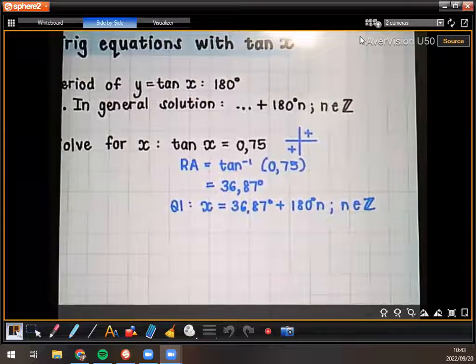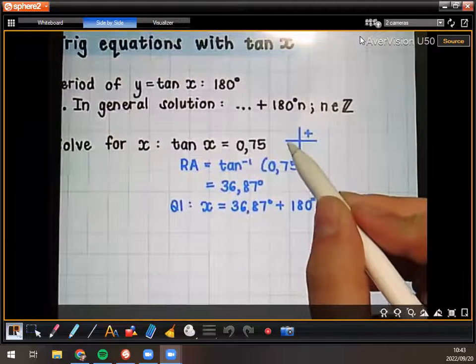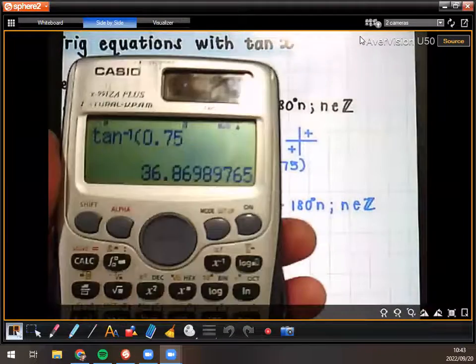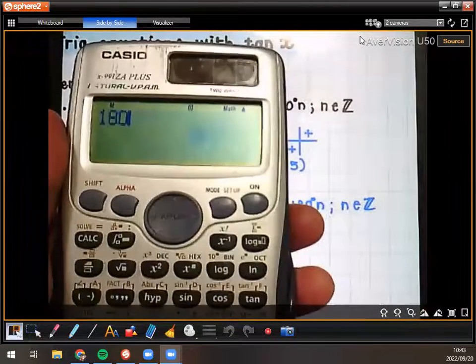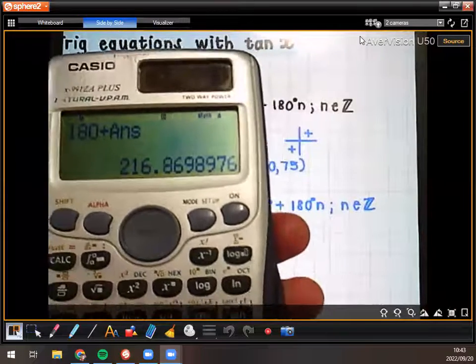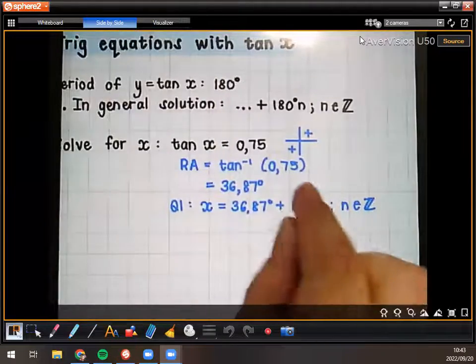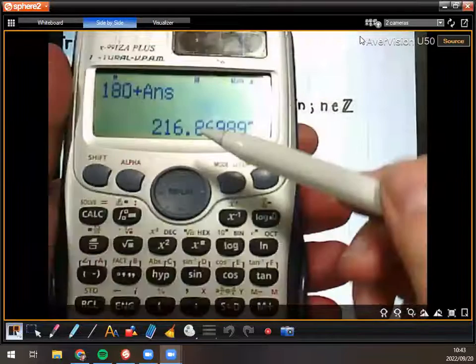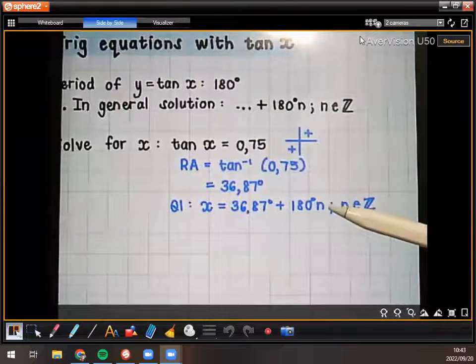Now guys, what do I do again for the quadrant 3 solution? I would say 180 plus the reference angle, right? So if I do 180 plus the answer in my calculator, I'm going to get 216.87. What happens with this general solution is I can actually get this answer if I use this general solution.